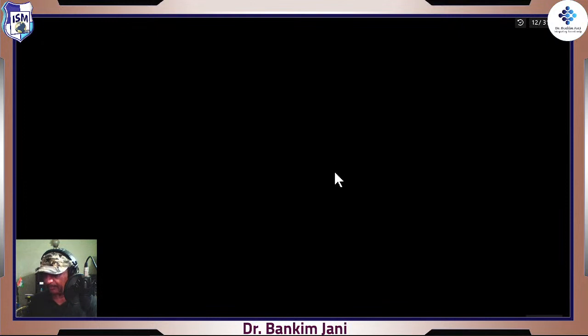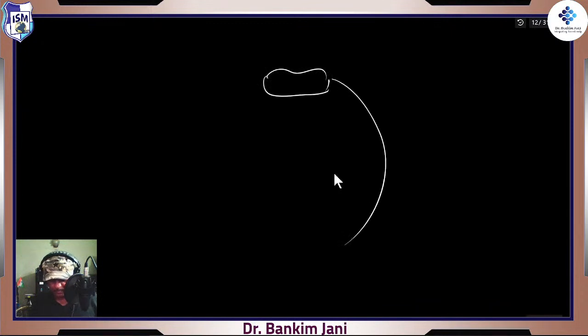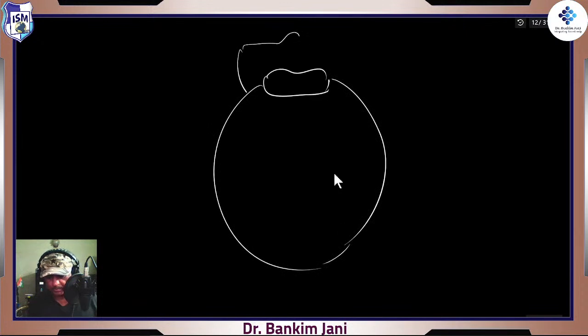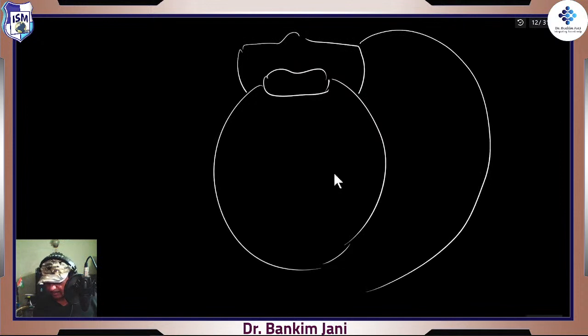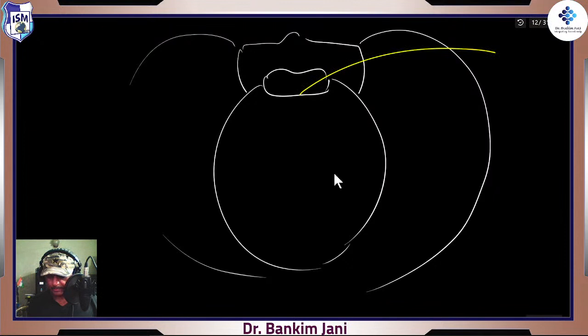I think you have understood this part, right? Say that is the sacral promontory, right? And then that is the ilium, right? This one would be, change the color, the sacral promontory.